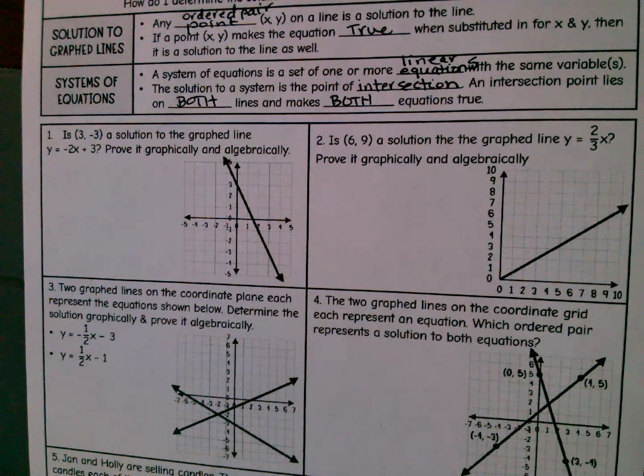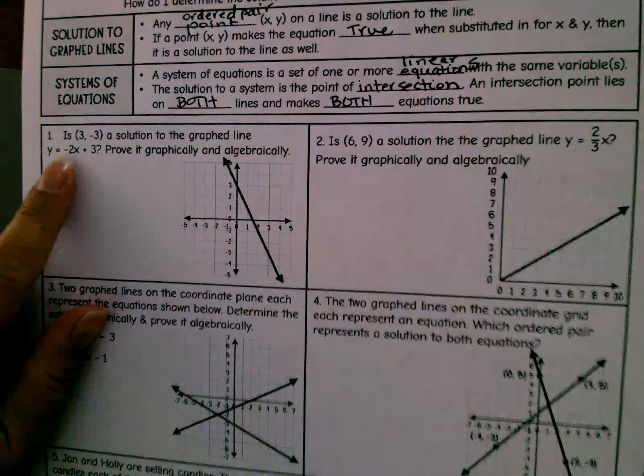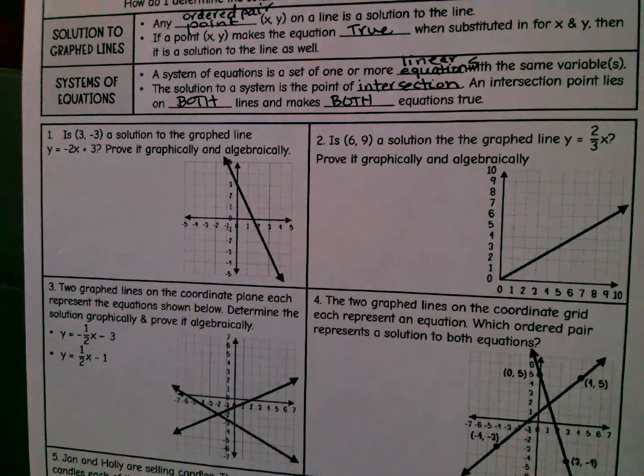So let me first check that they graphed this line correctly. Okay, and let me see if I can zoom in. Just broke it. I don't know why it's upside down.